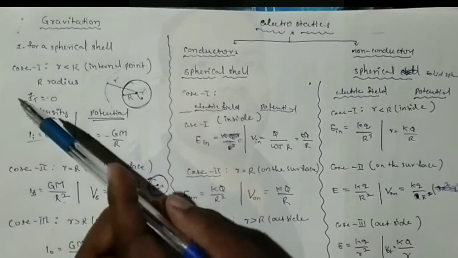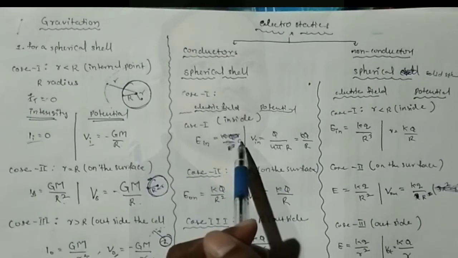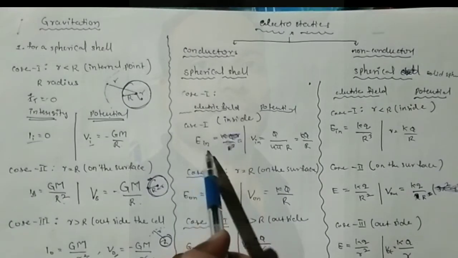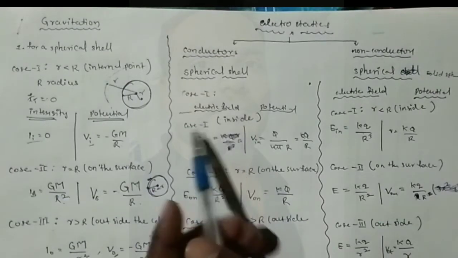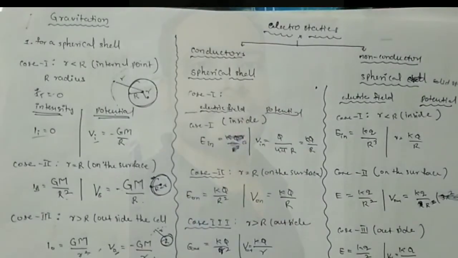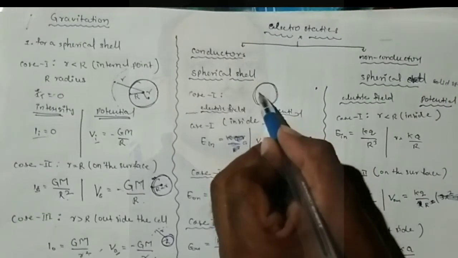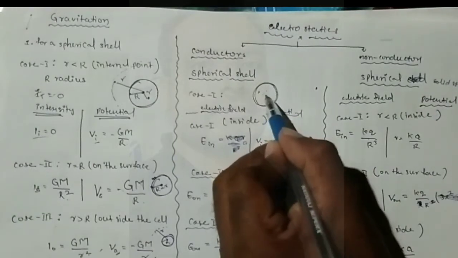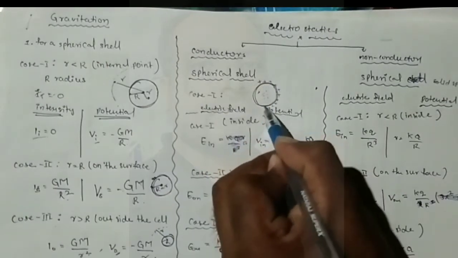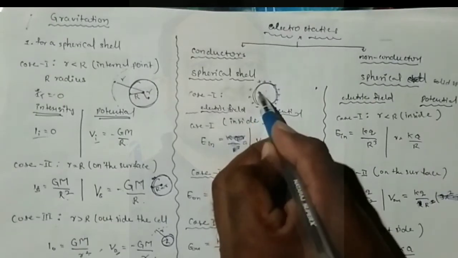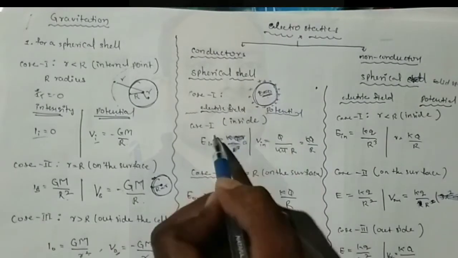Here intensity is equal to 0. Electric field intensity is also 0, right? Why? Because it is a conducting spherical cell, and the charge comes to the sphere's outer surface. For example, in a conducting spherical cell the charge forms on the surface, because inside the electric field is equal to 0.